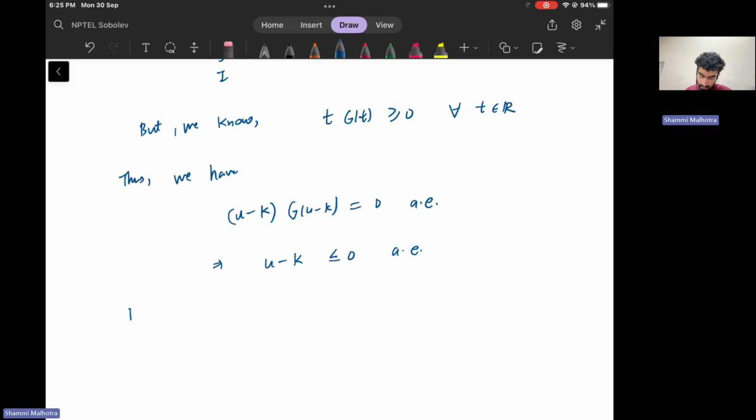But we know that u belongs to H2 of I. So this implies u has to be continuous. So basically, this implies u has to be less than or equal to k. And so we have our result.